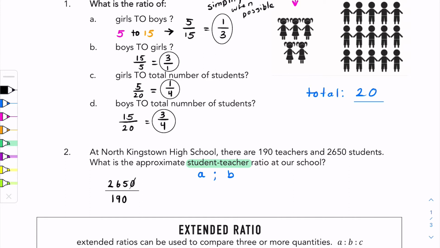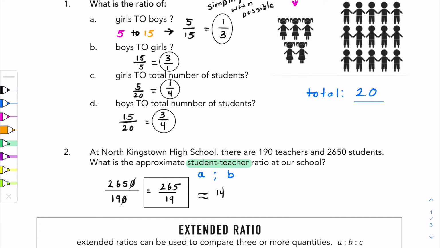We can simplify this. My first step for simplifying gives 265 over 19. If I was to calculate this out, this is approximately 14. It comes out to about 13.95 if I divide that in a calculator.